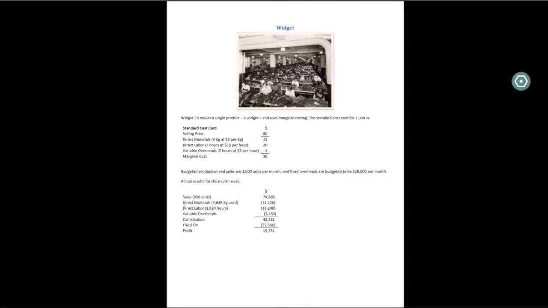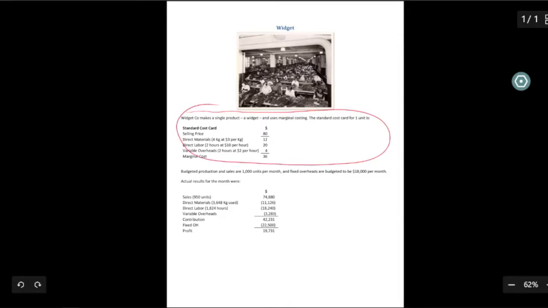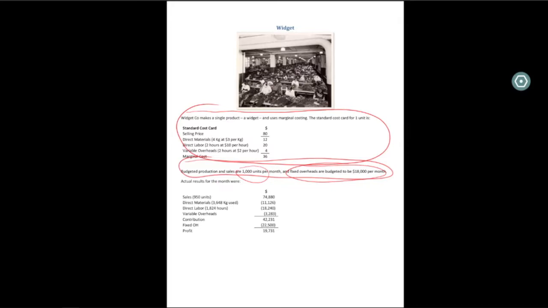Now, in order to calculate the sales variances and the total cost variances so we can control performance for this company widget, we need the standard cost card, which we just looked at right here. We need their original budgeted information, which is here, 1,000 units per month, and fixed overheads of 18,000 per month. And the last thing we'll need is the actual results, and we will come to that momentarily.